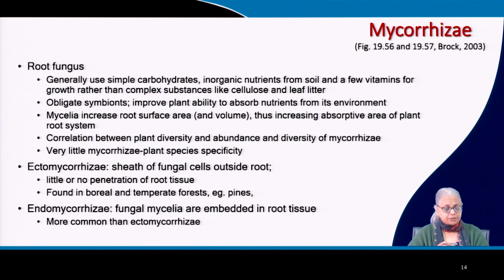One is ectomycorrhizae, which is the sheath of the fungal cells outside the root, and the other is endomycorrhizae, where the fungal mycelia are embedded in the root tissue. You can see all these figures in the text. In the first case, there is little or no penetration of the root tissue, unlike the second one, and those are more common in boreal as well as temperate forests, so pines and so on.